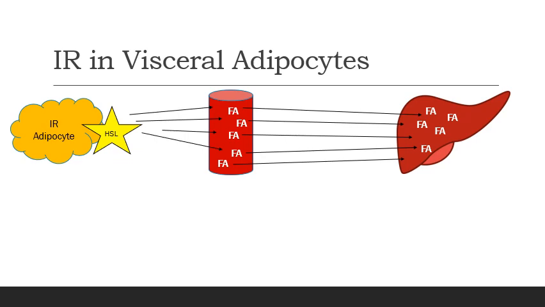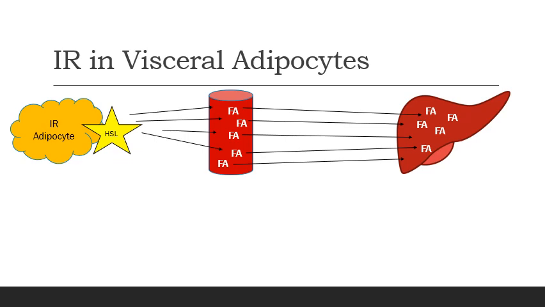Insulin resistance can develop in various cells in the body. But when insulin resistance occurs in visceral adipocytes, more wonky things happen as a result. If you remember, insulin normally inhibits hormone-sensitive lipase.